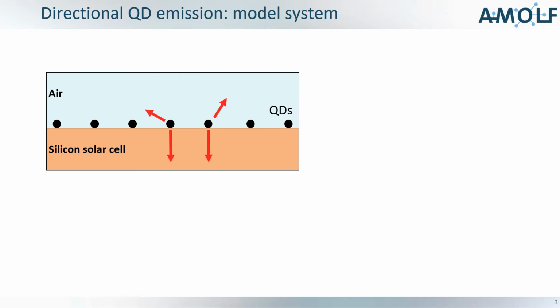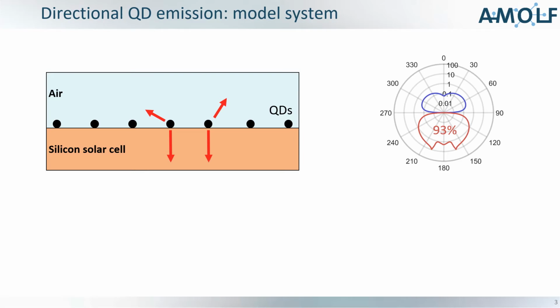Then, if you're looking at the emission profile in a crosscut, you get the following profile, which is on a logarithmic scale, showing that about 93% of the quantum dot's emission is already directed into the silicon solar cell. This is taking into account that the quantum dot can have three polarizations, X, Y, and Z oriented, and we obtained this result using FDTD simulations.